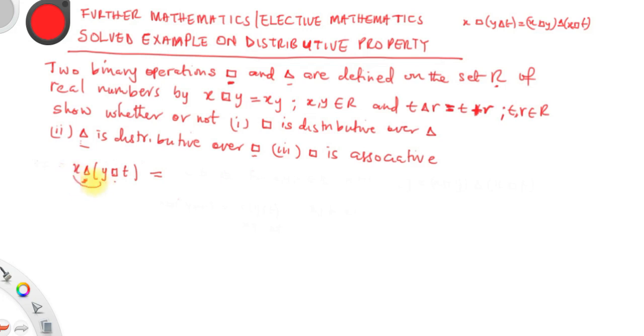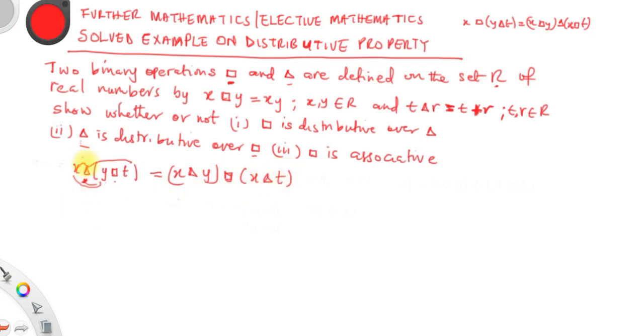So x triangle (y square t) is equal to (x triangle y) square (x triangle t). Have you seen?